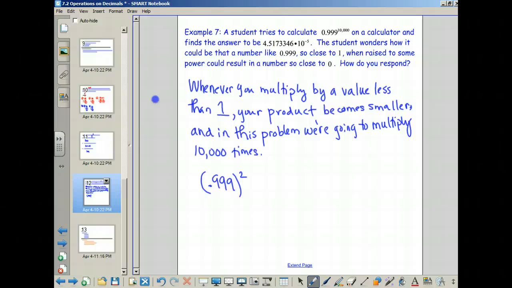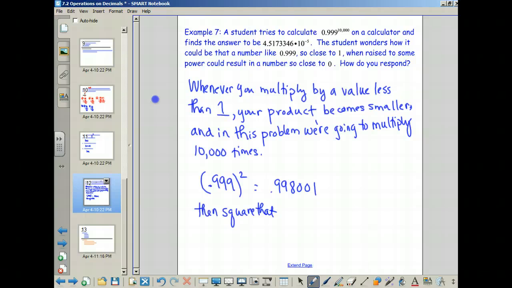But just to give you an idea, this gives you 0.998001. It's a little bit smaller, but that's just doing it one time. Okay? So let's then square that. You just hit the square button.